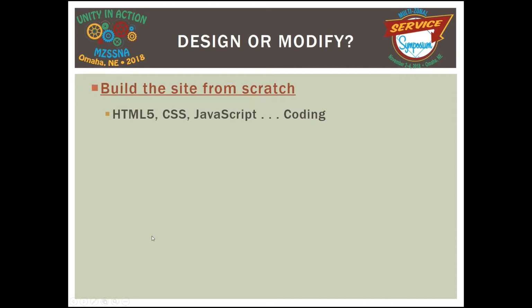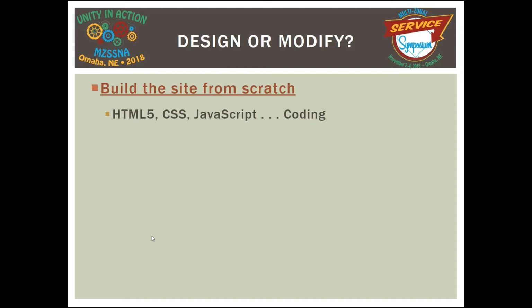Next is to design or modify. You can't build a site from scratch, and that link is actually to an article that'll show you how. In order to build a site from scratch, you've got to know how to code. You need to know HTML5.